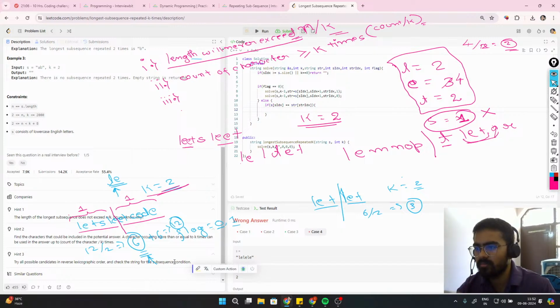Reverse lexicographic means bigger to smaller, and check the string for the subsequence condition.